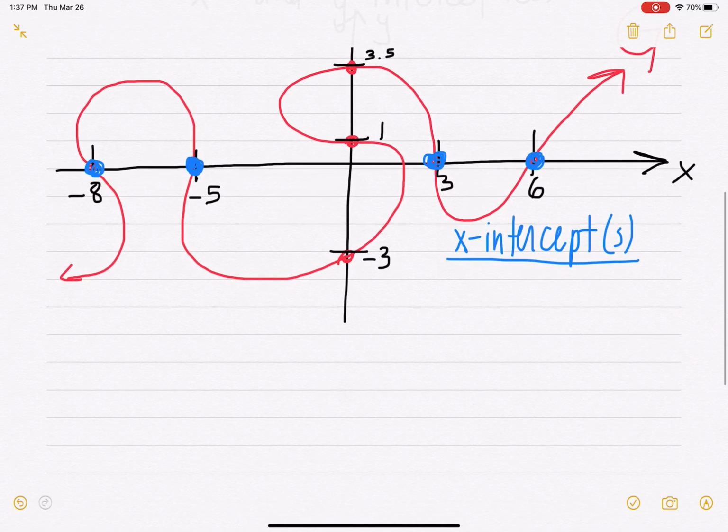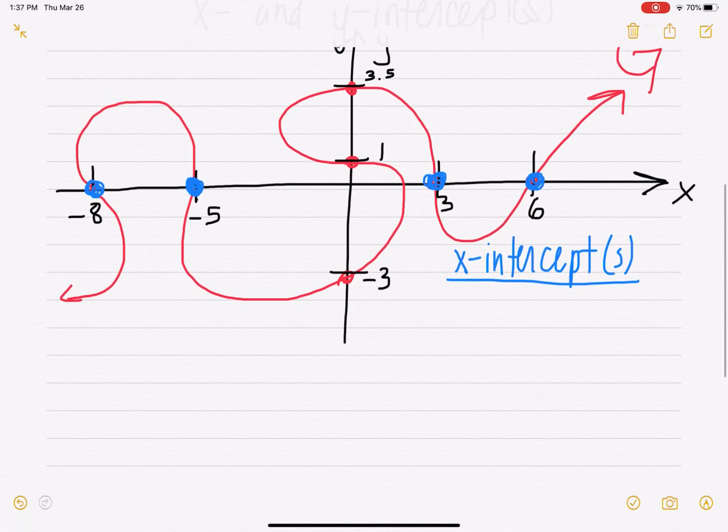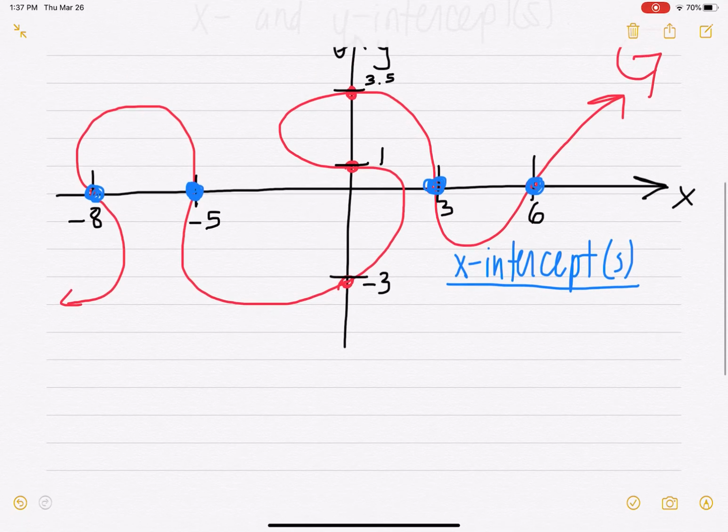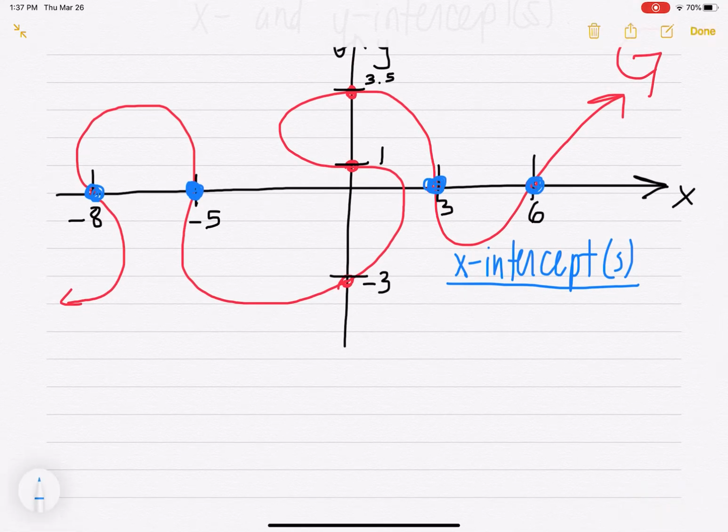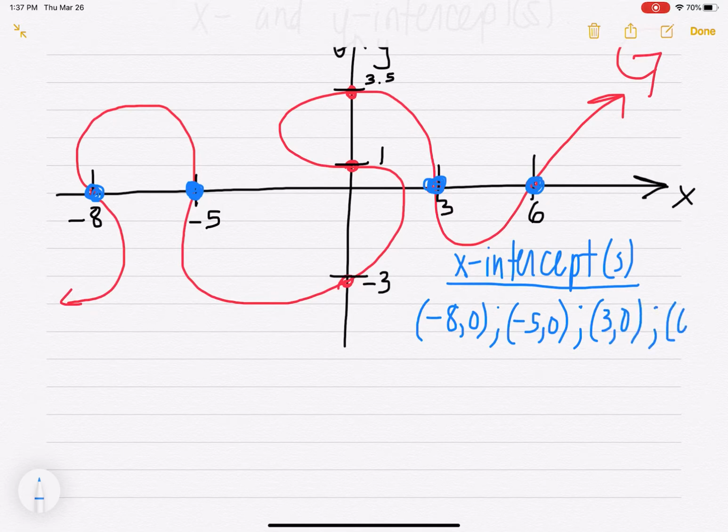Now you can write those as ordered pairs: -8, 0; -5, 0; 3, 0; or 6, 0. This is one way to write your x-intercepts as ordered pairs.